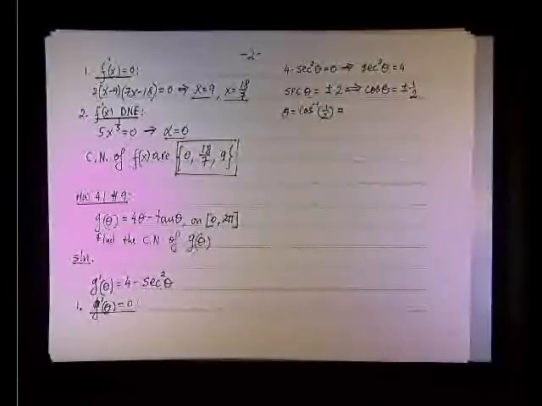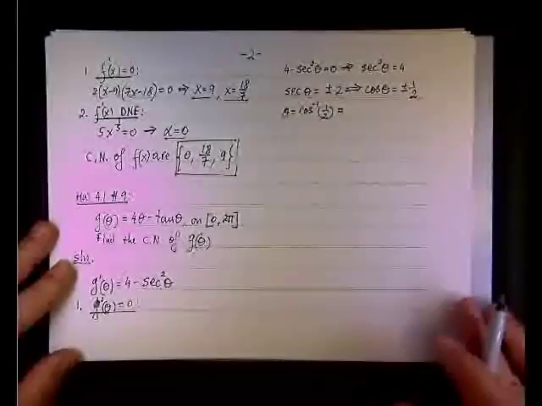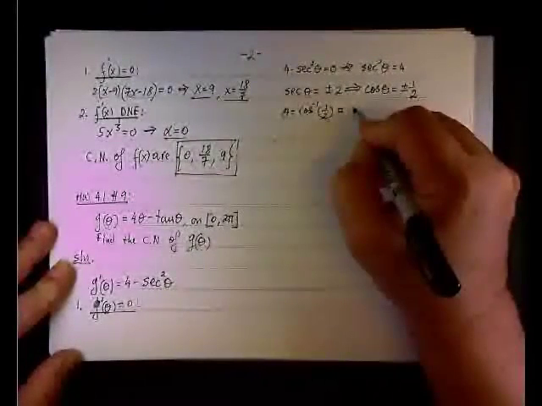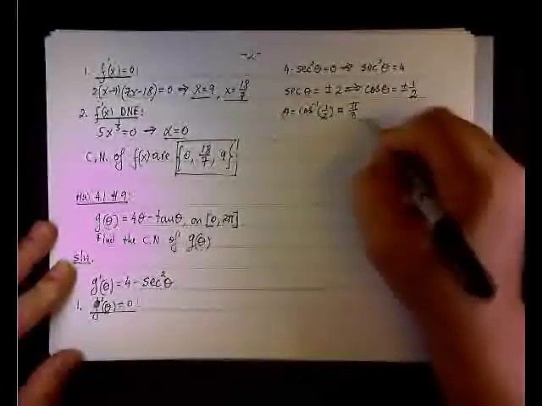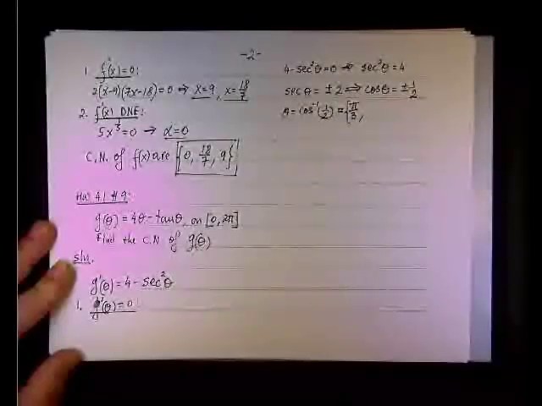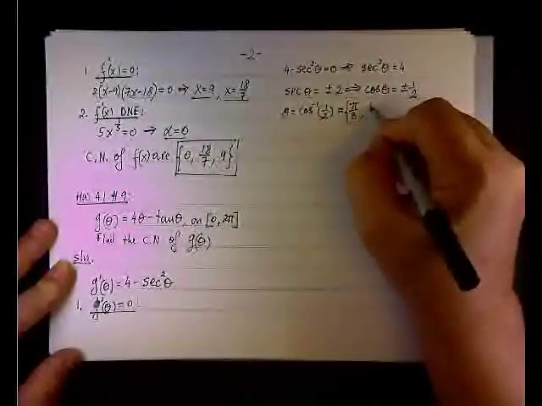And if you remember that the sine of pi over 6 is 1/2, then the cosine of pi over 3 has to be 1/2. So we're looking at theta equals pi over 3. This is in the first quadrant, and again positive in the fourth quadrant. That will be pi over 3, and 2 pi minus pi over 3, or 5 pi over 3.